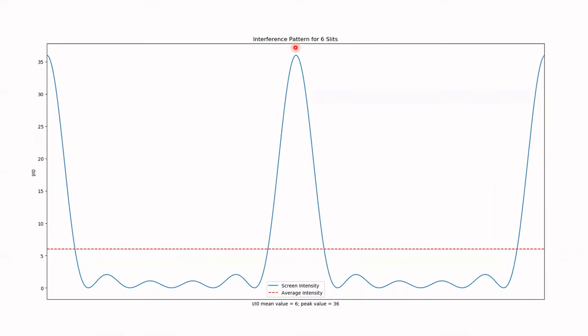That's where you've got total constructive interference. That is where those 6 phasors in this case would need to all be pointing in the same direction. So the phase difference between them would need to be 0, 2 pi, 4 pi, etc. That's not the case for the secondary maxima. So when you add up all the phasors for the secondary maxima, they would not all be pointing in the same direction. If they were, that would be a primary maximum.